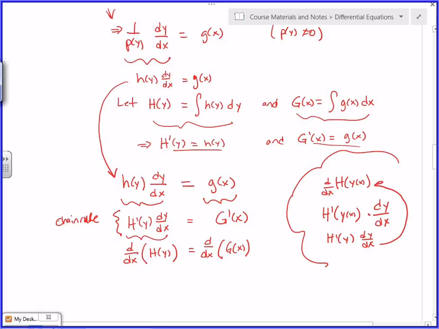It's the same thing as just d dx of h of y, when we assume that y is a function of x, which it is, because y is the dependent variable. So the left-hand side is simply d dx of h of y. Now I can integrate both sides with respect to x.